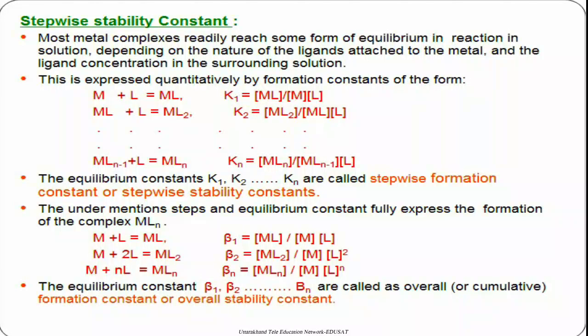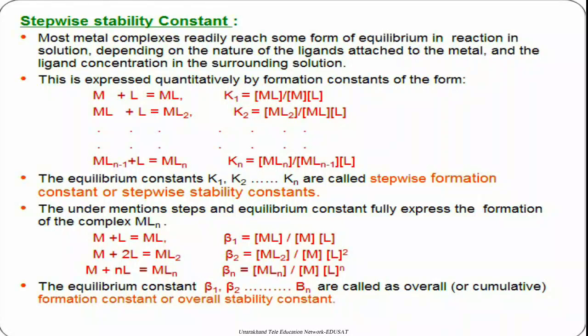The steps and equilibrium constants are expressed in the formation of the complex, say metal and ligand forming this complex, and here the stability constant is beta 1. Similarly, in the next step, when the next ligand attaches to this metal ion in this way, and at the end metal ion and ligands form this compound, the value of the formation constant is beta n.